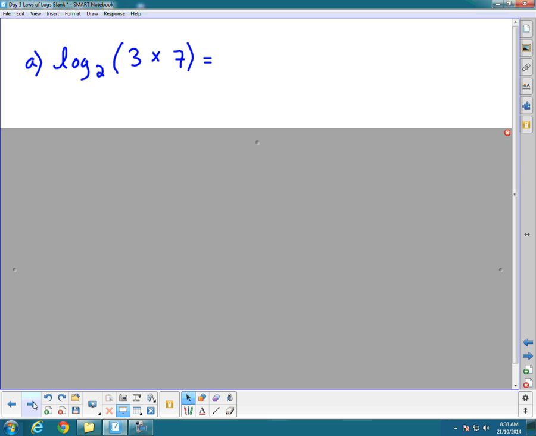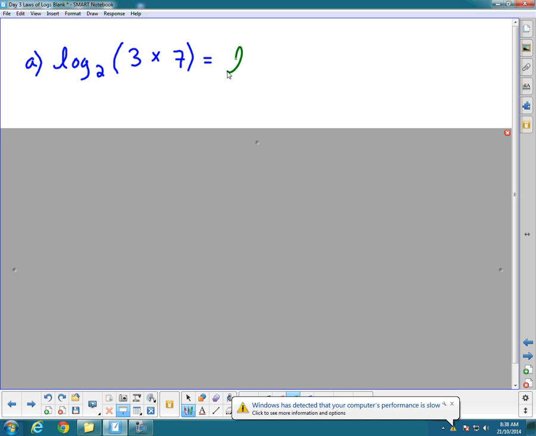Here's the log of a product, 3 times 7, base 2. So if I just wanted to use the law, it's not going to really help us that much, but I'm taking the log of a product. I can split it up into 2 separate logs and add them.